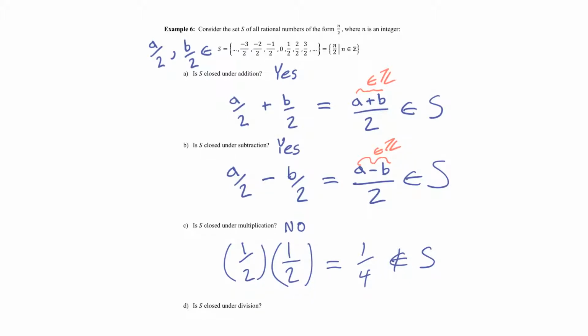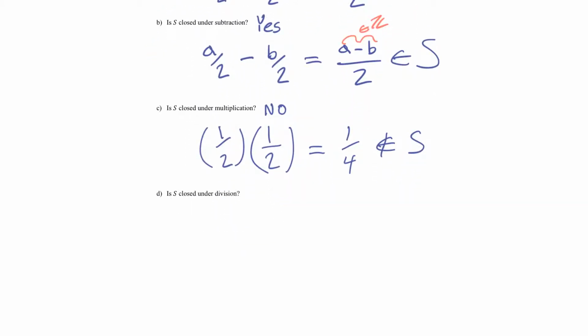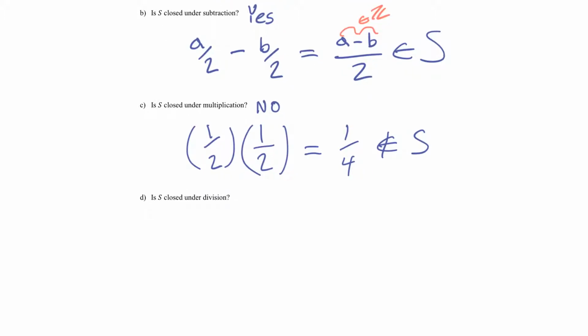Let's try division. So we could do something really similar here to what we did for multiplication. We can probably try to dream up a way that you could get something other than 1/2. So how about we try to produce 1/4 like we did above?